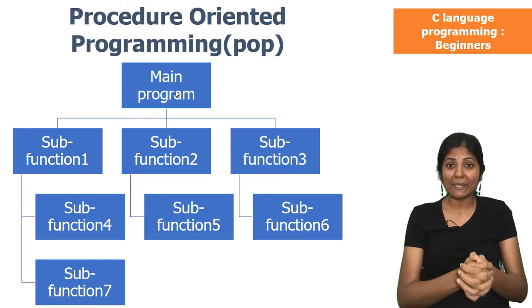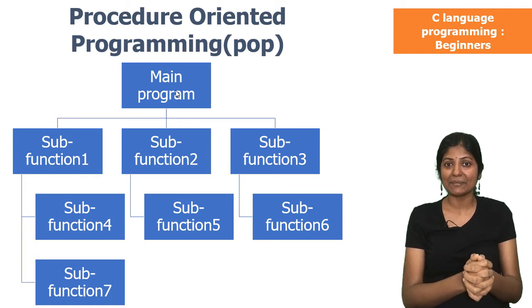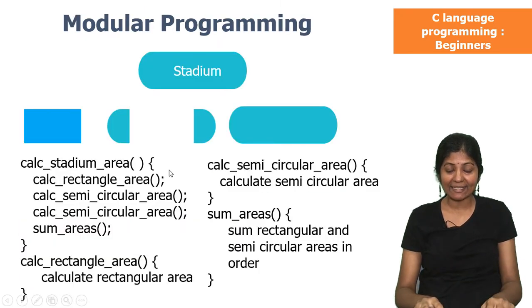Let's go back to our previous example, which is calculating the stadium area. If we see here, the main program is the calculating stadium area function and the subfunctions are calculating rectangular area, calculating semicircular area, and finally summing the areas.